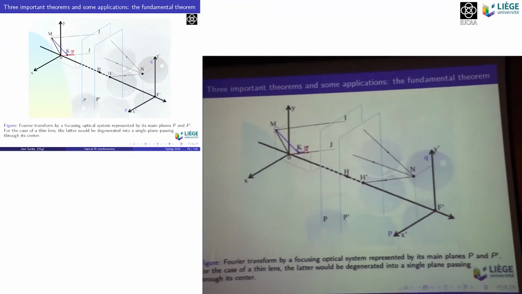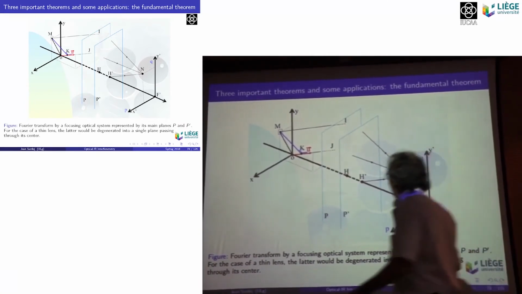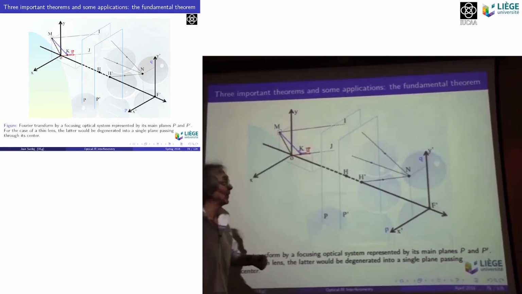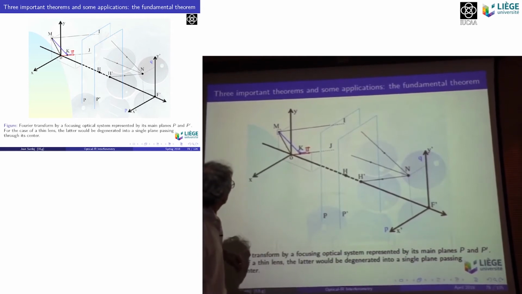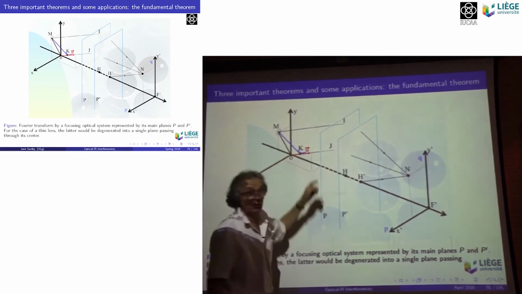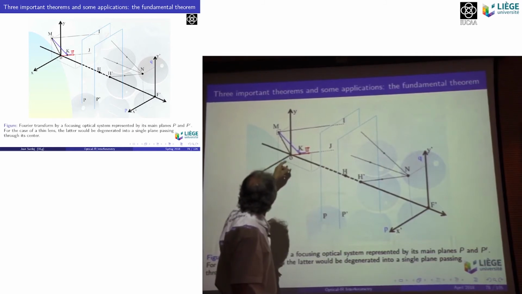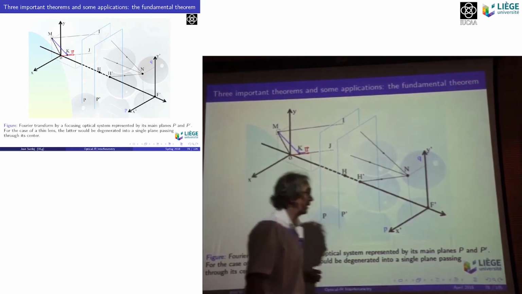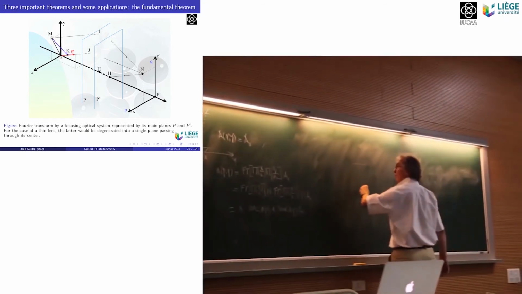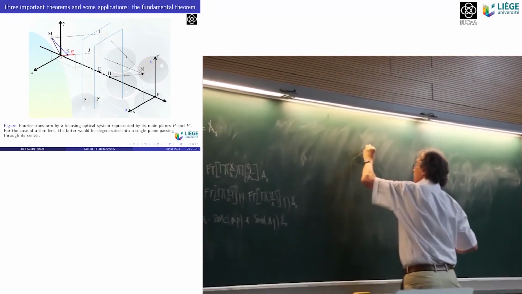Okay. So let's assume, and this is important, that I'm observing a star in that direction. The plane wave will be perpendicular to the vector u. Now I have here the pupil plane, represented something like that.